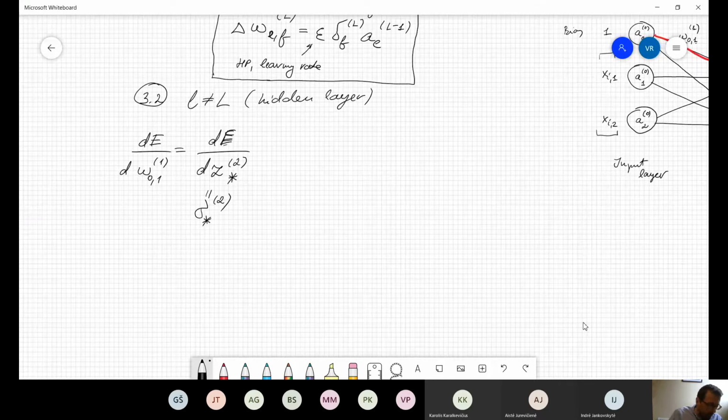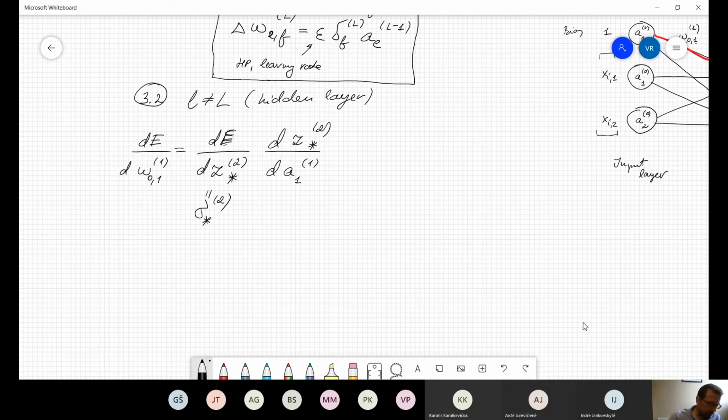So now we have the derivative of the net input star, again all the net inputs on the second layer. And here we have an activation on the first layer, right?